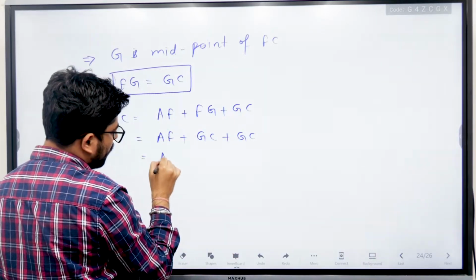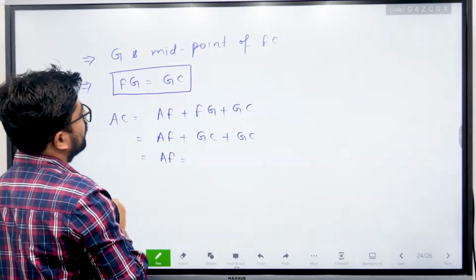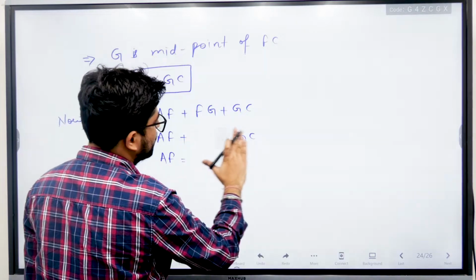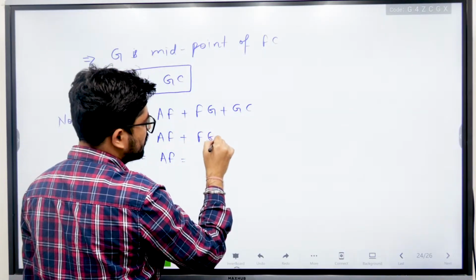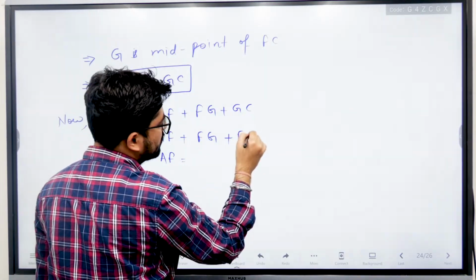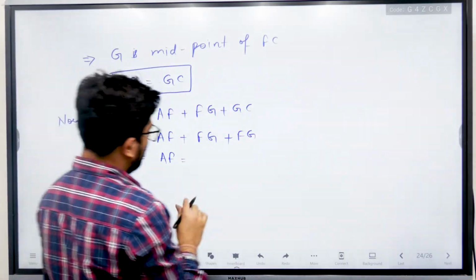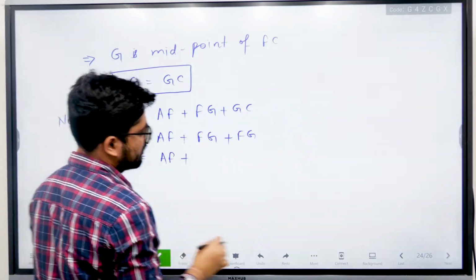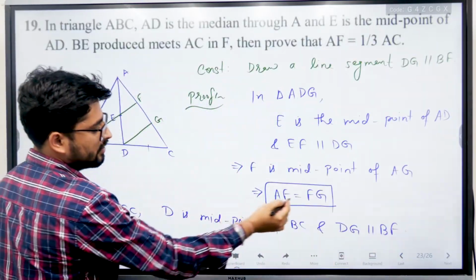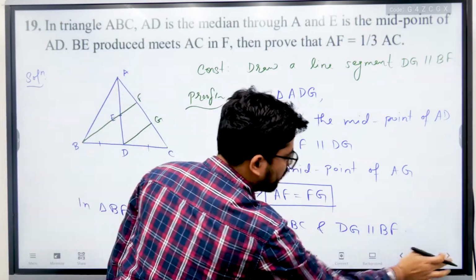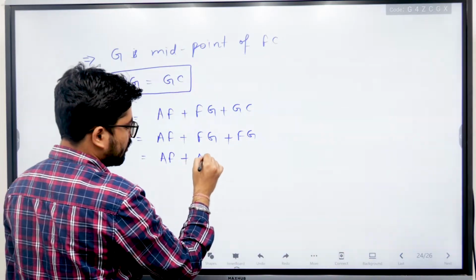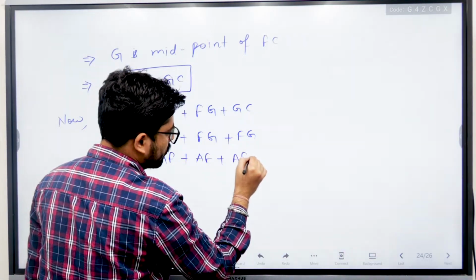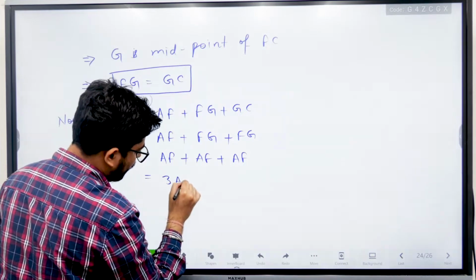Now GC is equal to FG, and FG is equal to AF. So AF plus AF plus AF, that is 3 times AF.